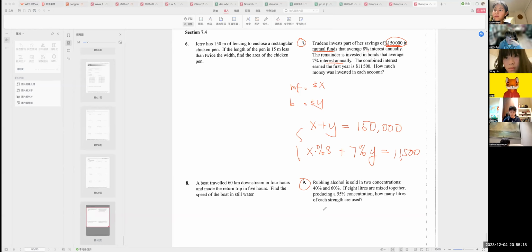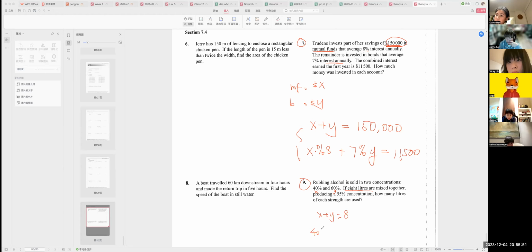Okay, let's check if it's right. Rubbing alcohol is sold in two concentrations, 40% and 60%. Actually, only 75% rubbing alcohol is really useful, so 40% and 60% is not really useful at all, okay? So if 8 liters are mixed together, immediately we know x plus y equals 8, because x liters is 40% and y liters is 60%, producing 55% concentration.